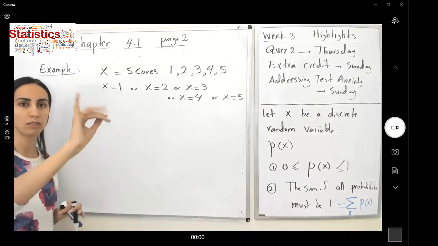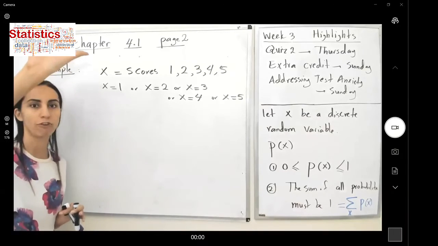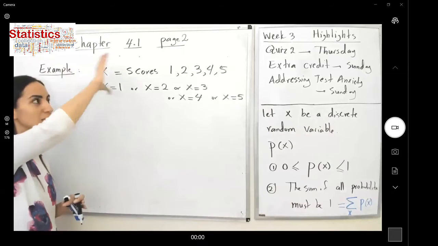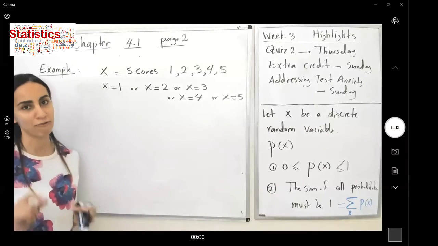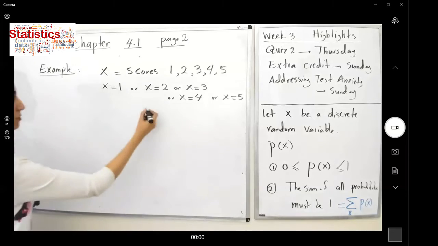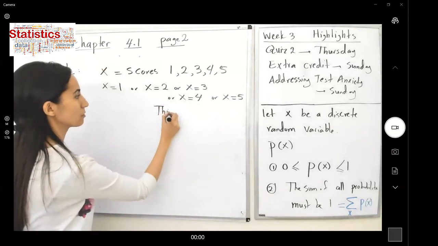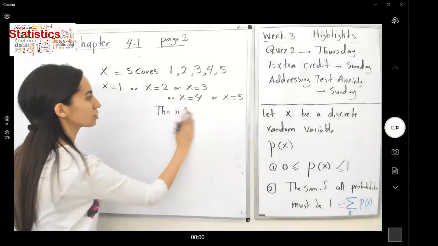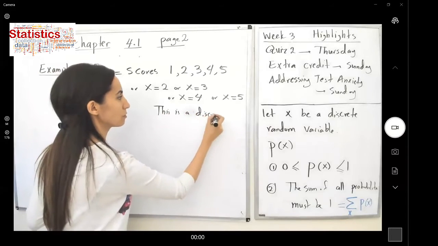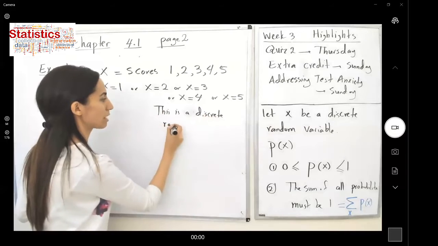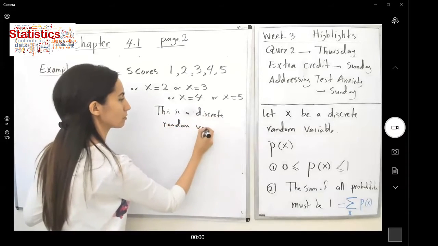We have 1, 2, 3, 4, 5 counts. So this is a discrete random variable.